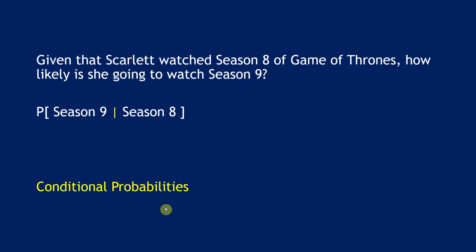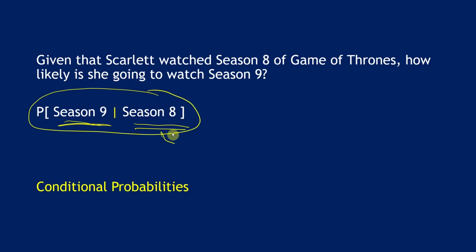And we can express it as the probability of liking season 9 given season 8. So now this is the condition, this is the sample space, right? So we're not talking about all of the customers, we're only talking about customers who watched season 8. How likely is this person going to watch season 9?